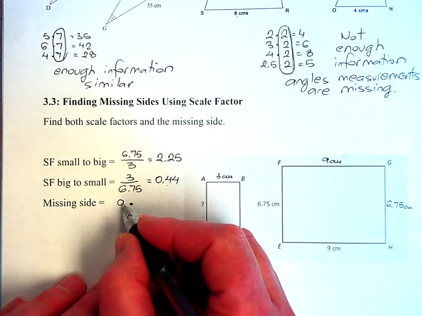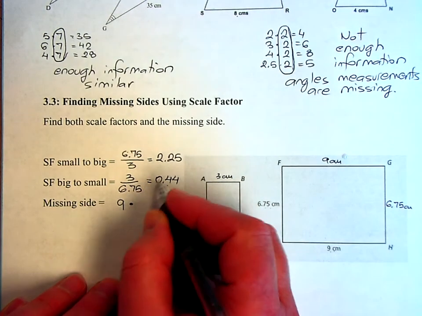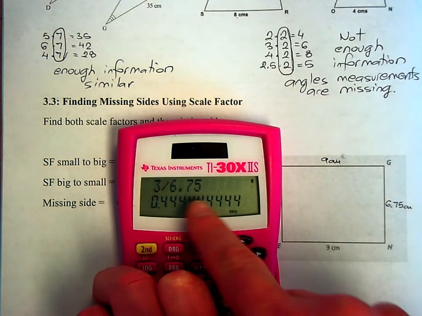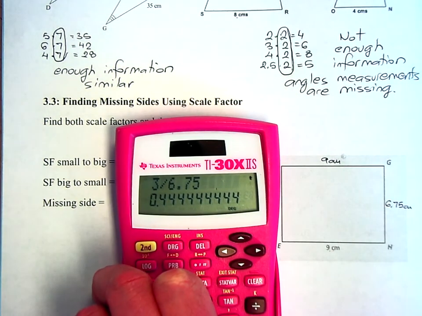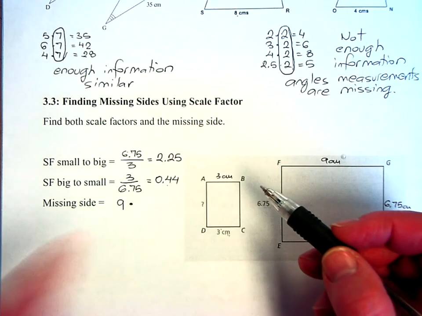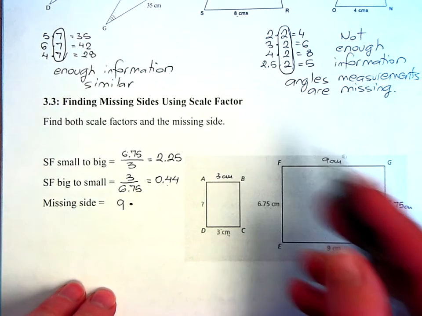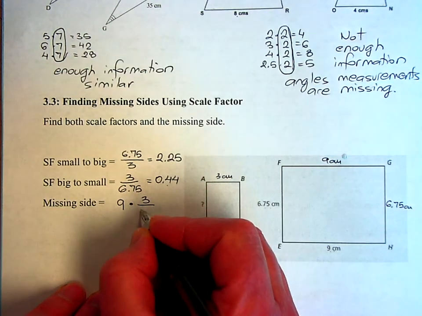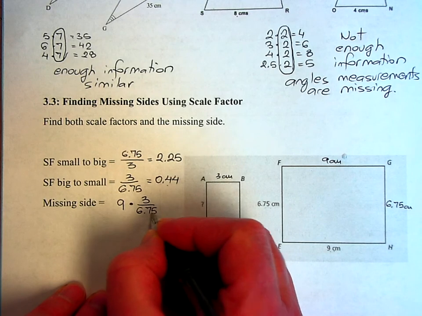I can either just multiply by 0.44, but keep in mind, my 0.444 was actually a repeating decimal, so I rounded it to 0.44. To get a more precise answer, I can use the fraction as is. So here I am, times 3 over 6.75.